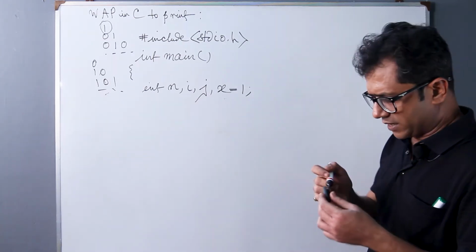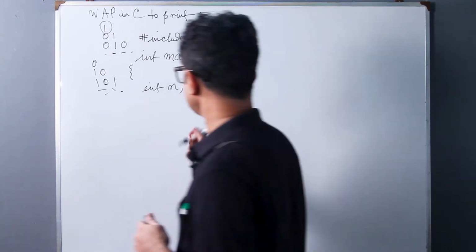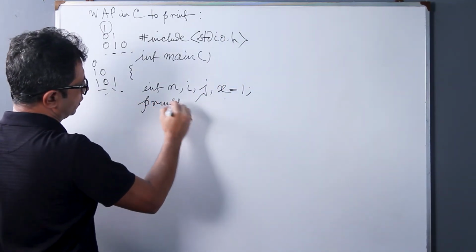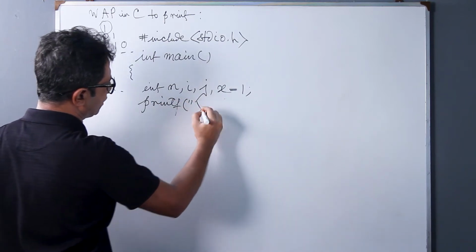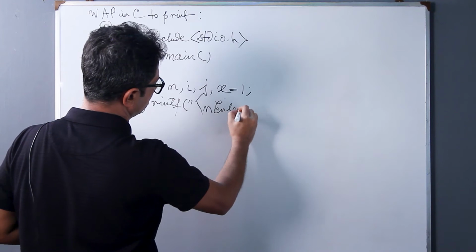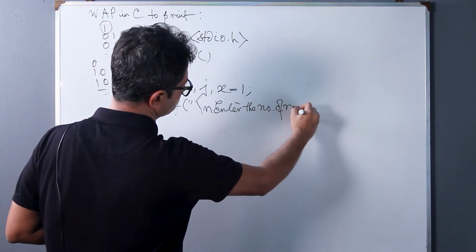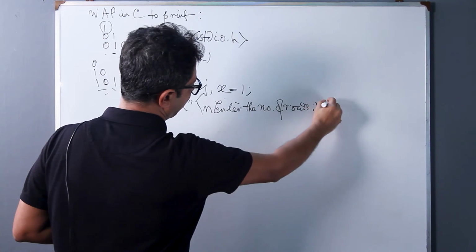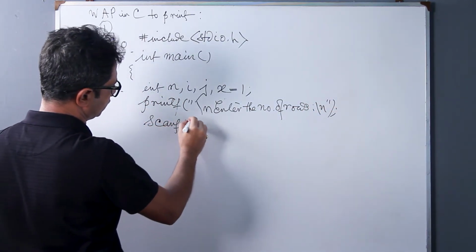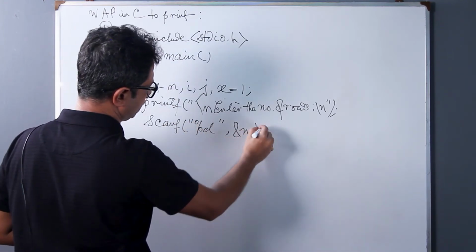So let's get started with the program in our hand. printf will give a prompt to the user: Enter the number of rows, new line. Then scanf with %d, &n.